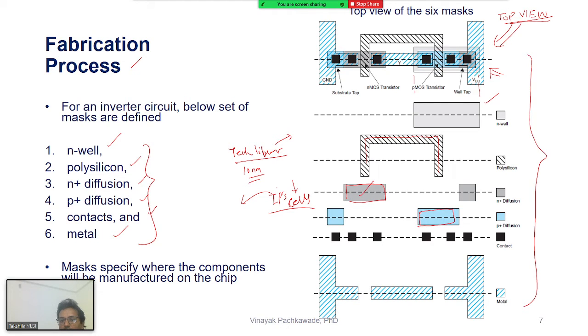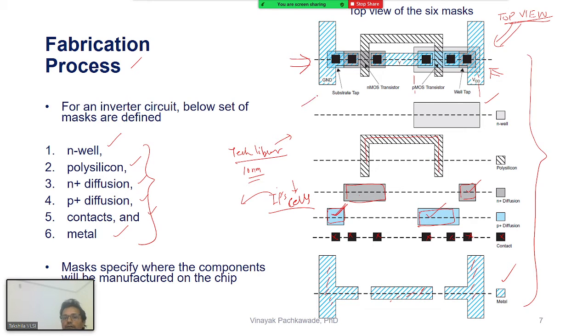If I have N diffusion regions, it means I also need N diffusion for the N-well. If I have P diffusion regions, it means I also have another area of P diffusion to have access to the P substrate. Then I have contacts. These contacts basically give me the cuts in the substrate through which the metals will connect to the respective regions, and finally I will be able to visualize the layout.